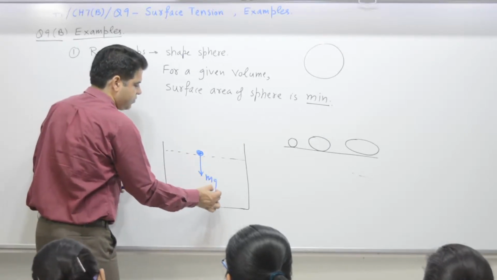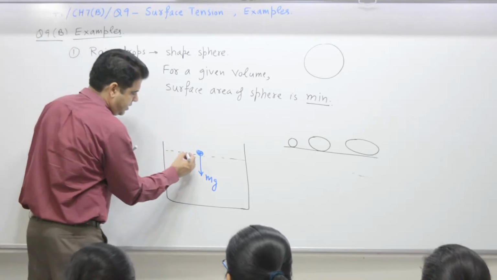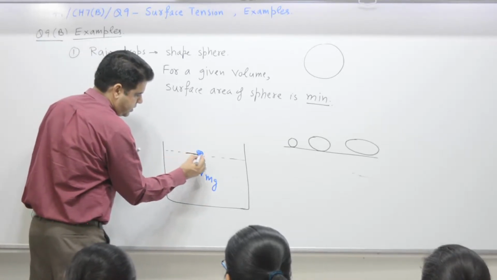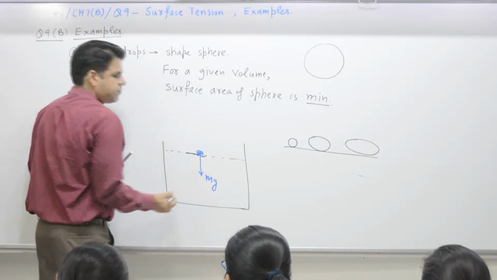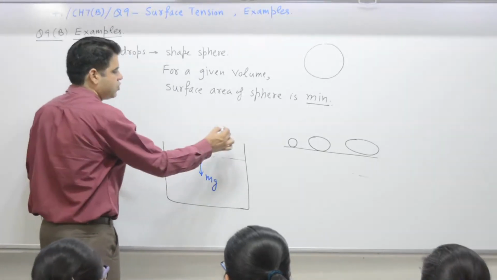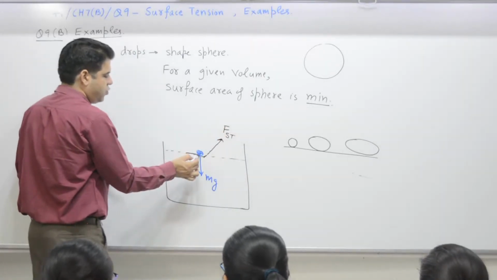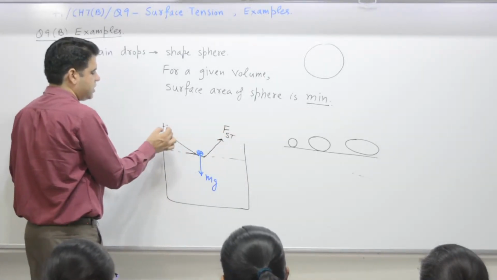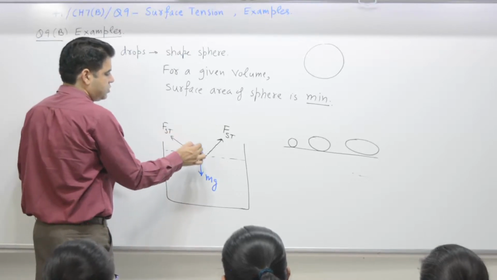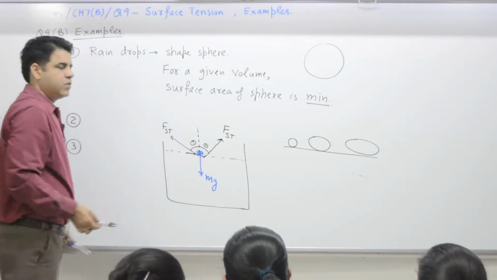Mg acts downwards. There will be a slight dip in its surface. There is a force acting due to surface tension along this line, and a force due to surface tension along this line also. Suppose this angle is theta. This angle is also theta.